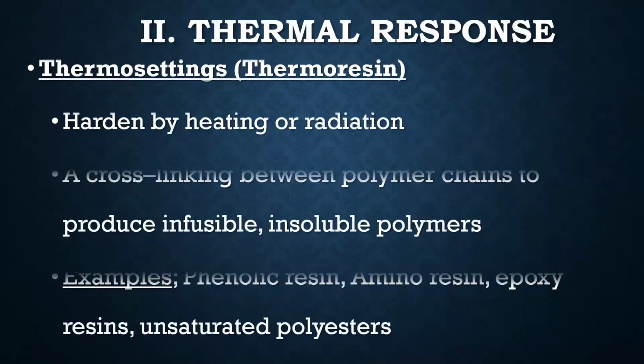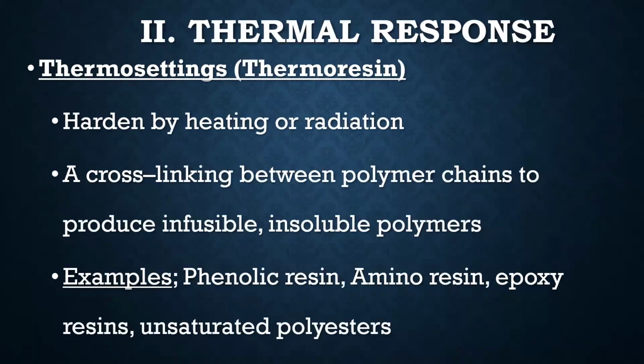While the thermosetting, they are hardened by heating or radiation. As we heat it, it becomes harder. If it is exposed to radiation, it becomes harder instead of melted. That is because upon heating, there is a cross-linking that happens between the polymer chains to produce infusible and insoluble polymers.